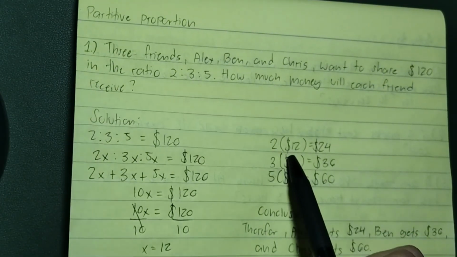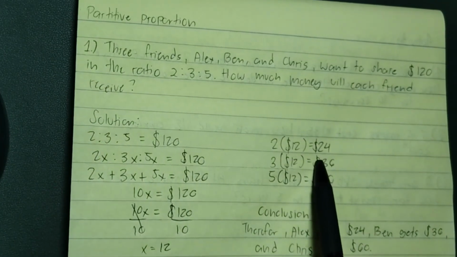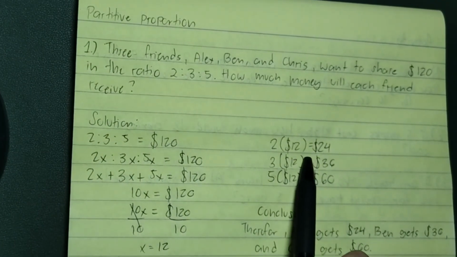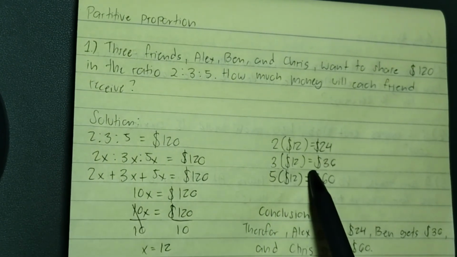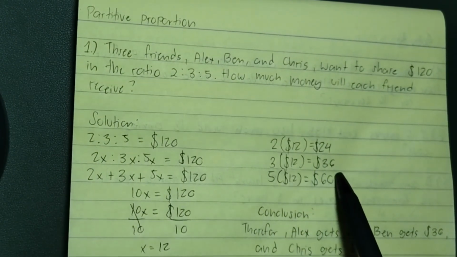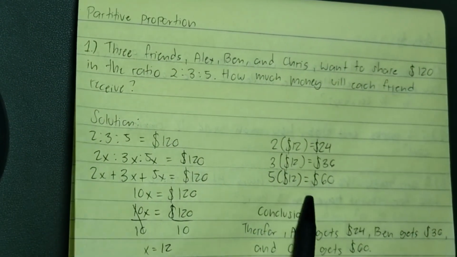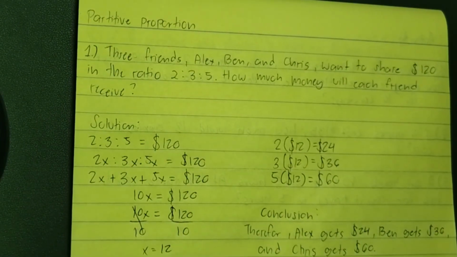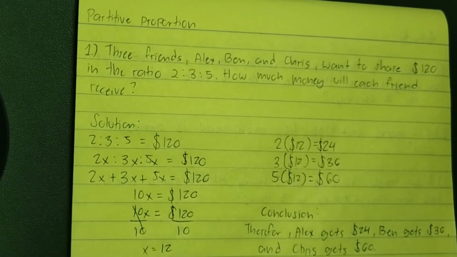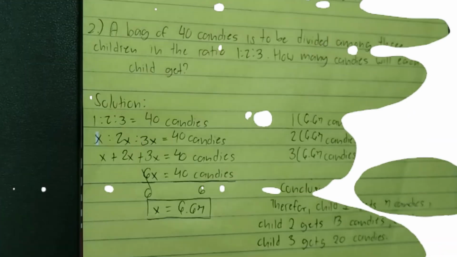So 2 times $12 equals $24, and then 3 times $12 equals $36, and then 5 times $12 equals $60. In conclusion, Alex gets $24, Ben gets $36, and Chris gets $60.